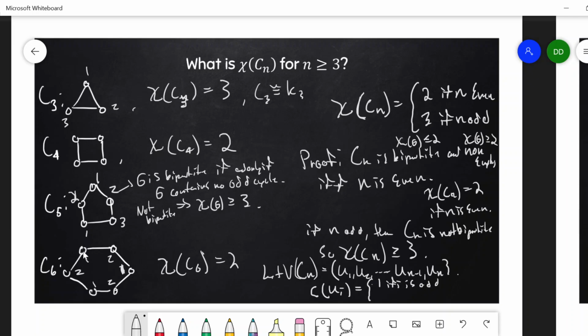So I'll go 1, 2, 1, 2, but n is odd, and so I'll need a third color.